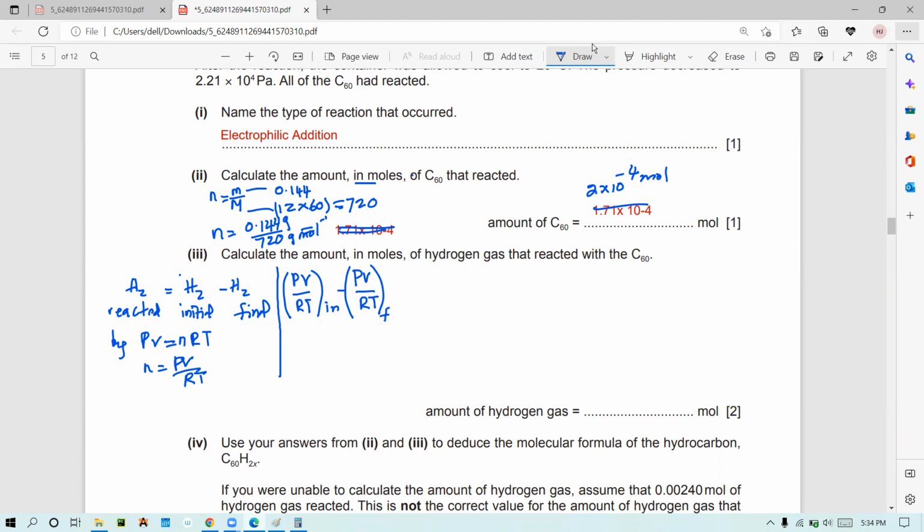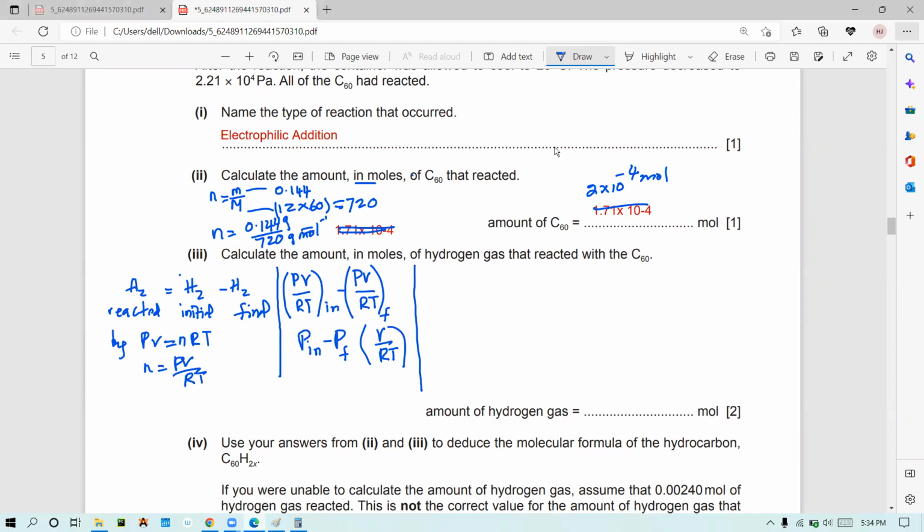Here volume is the same, RT, everything is same, only the difference is P, pressure. So we can say P initial minus P final into V over RT. This is the hydrogen reacted, 0.32 moles.